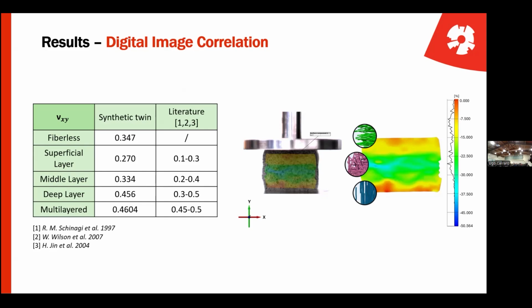And on your right, I reported the digital image correlation results, highlighting the fact that we are able to distinguish between the different layers on the multi-layer sample. So this technique was very, very precise.